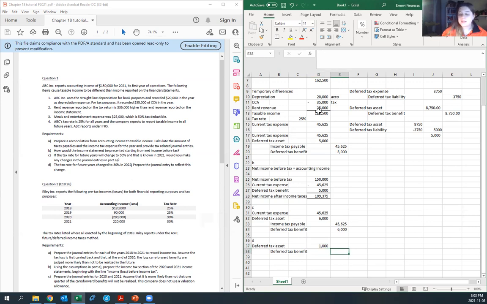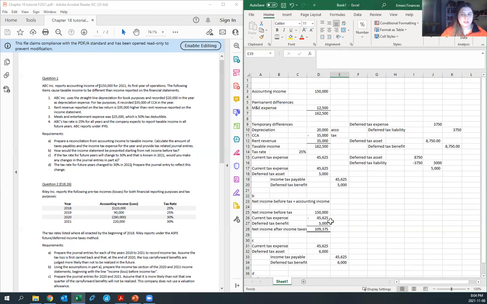So you're going to add $1,000 in those two accounts so that now the balance is at a 30% tax rate instead of a 25% tax rate. So that's it for question 1.